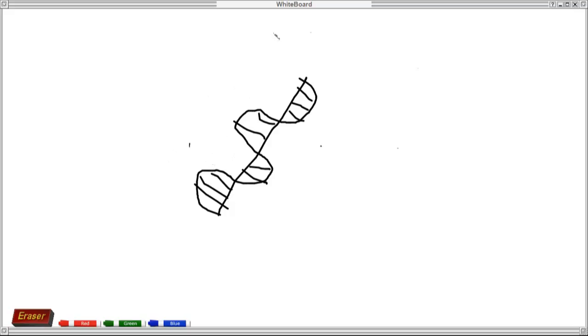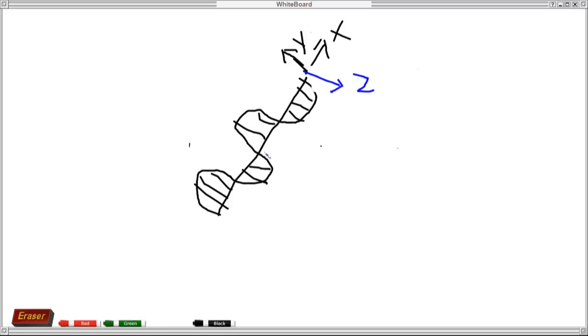But at a different axis, let me draw the axis. This is your y-axis, and this is your x-axis, and then you have your z-axis.